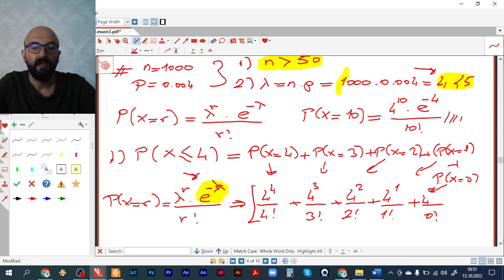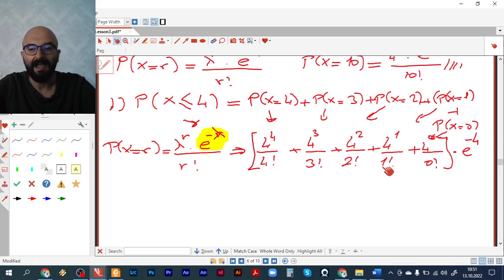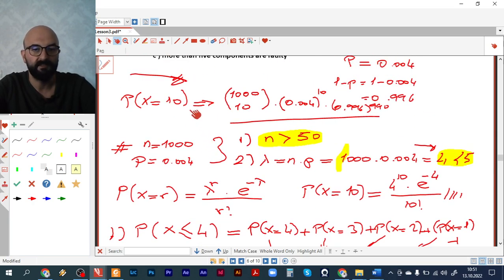And then all of them are multiplied by e to minus lambda. If we compute that, we can find this probability.